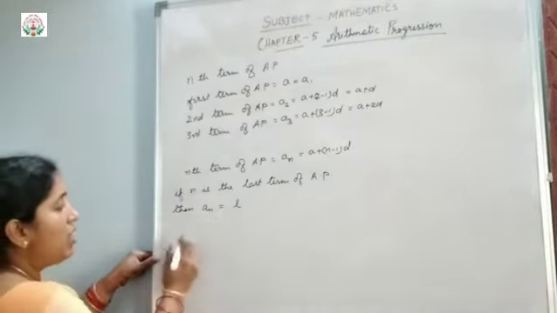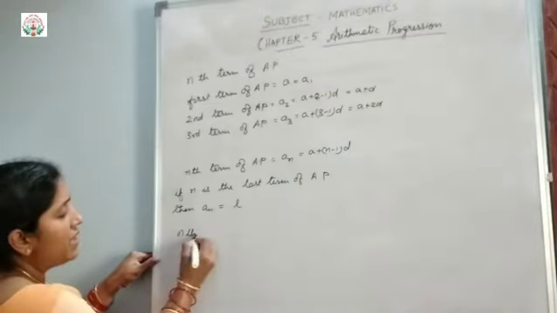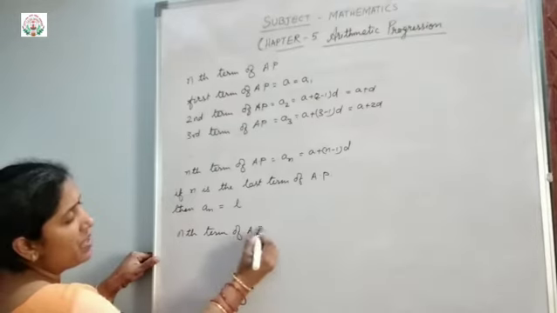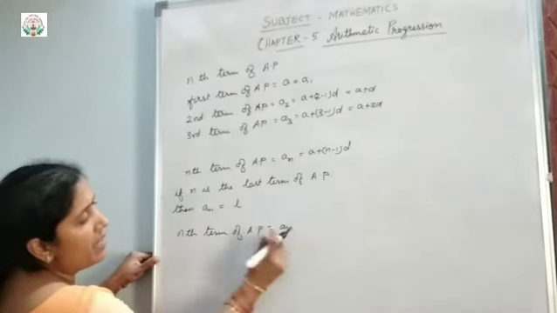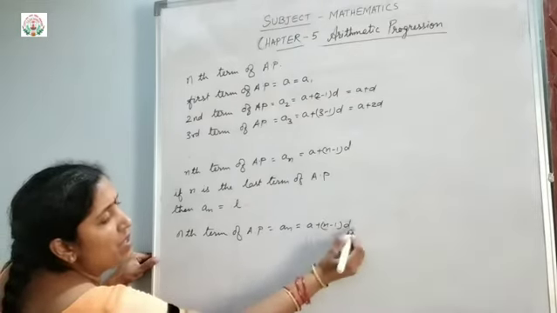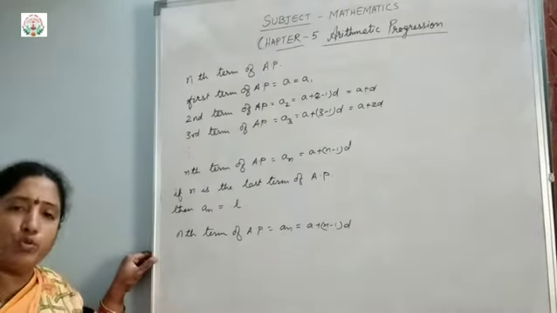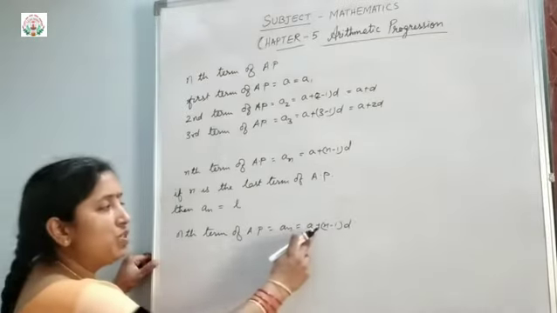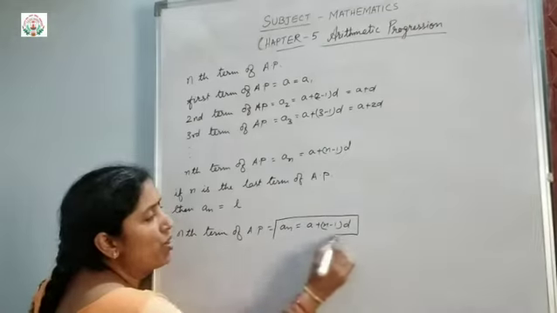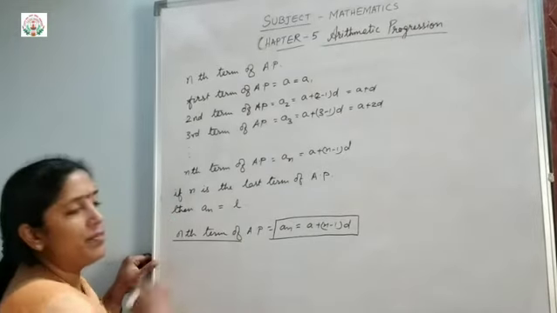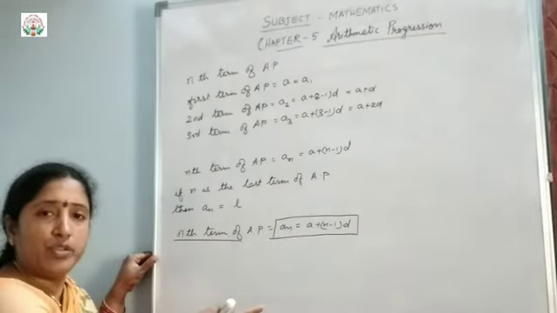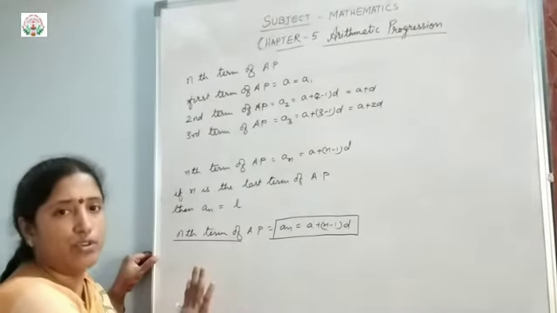So our nth term formula is an equals A plus n minus 1 into D. In 5.2 questions, most of the questions will be solved with this formula.